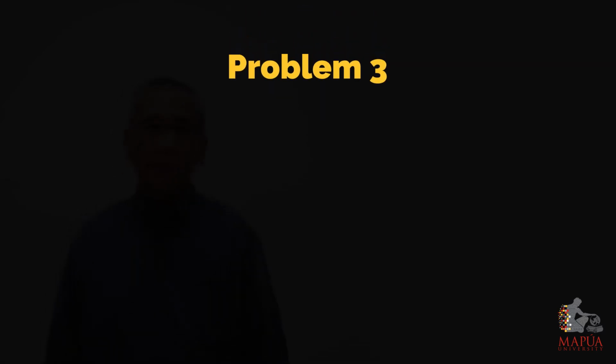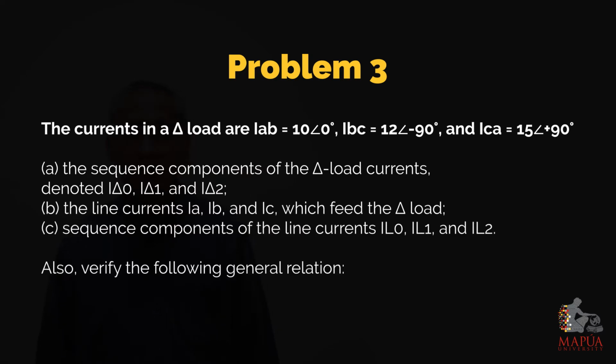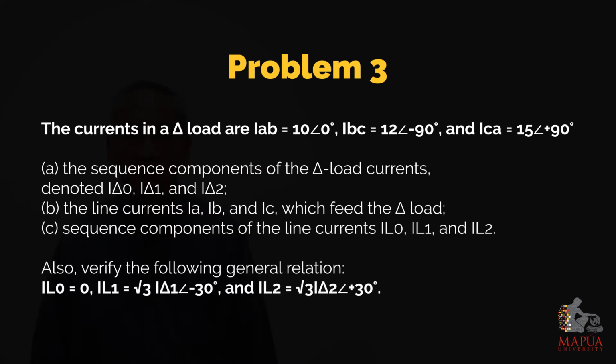Now, the third problem: the currents in a delta load are IAB equal to 10 angle 0 degrees, IBC equal to 12 angle negative 90 degrees, and ICA equal to 15 angle positive 90 degrees amperes.